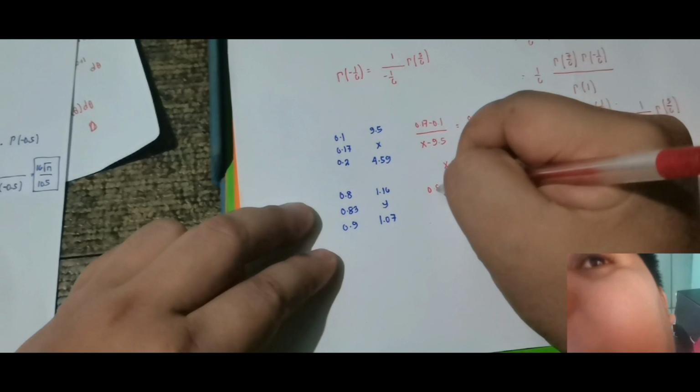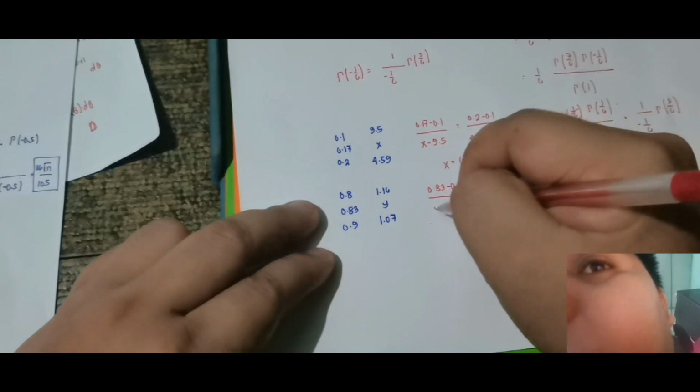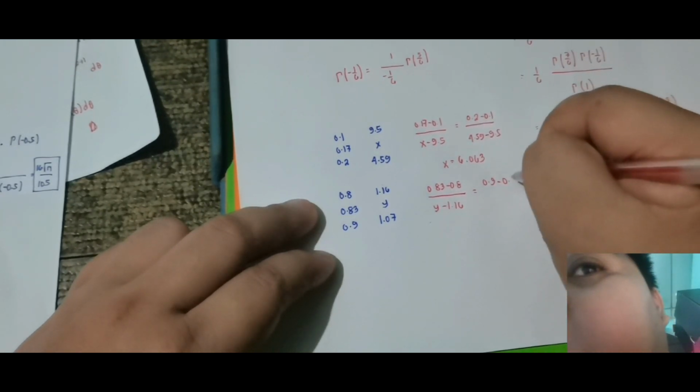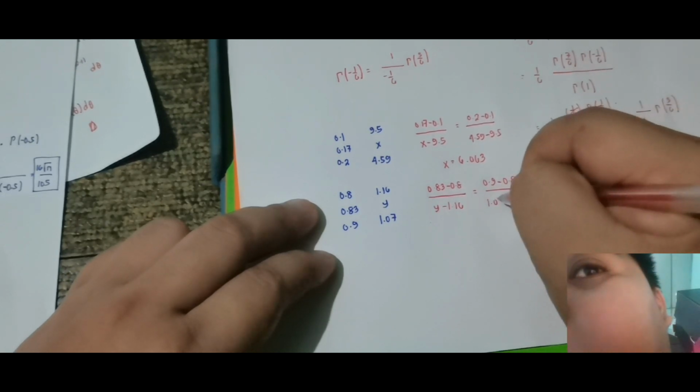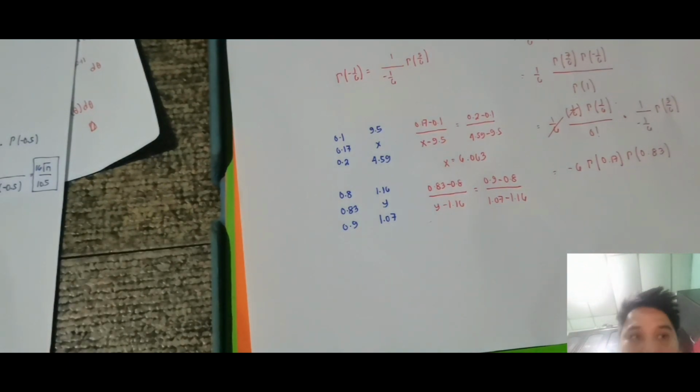Okay, next is, itong part na to, we have 0.83 minus 0.8 over y minus 1.16 is equal sa 0.9 minus 0.8 all over 1.07 minus 1.16. So, gaya pa rin ng kanina. So, this is 0.03 multiplied by, sorry guys, hirap, 1.16. Okay, then divided by 0.10, then plus 1.16.